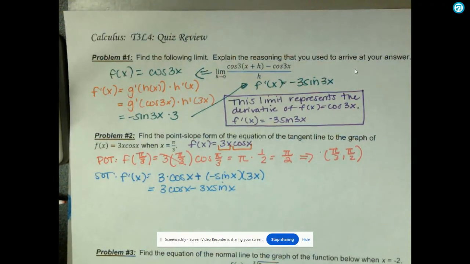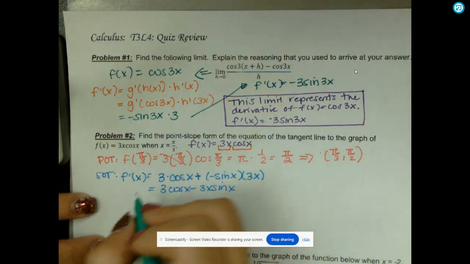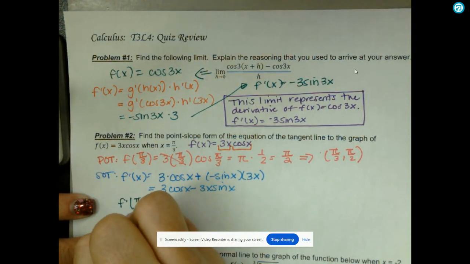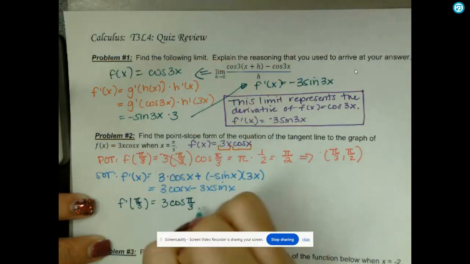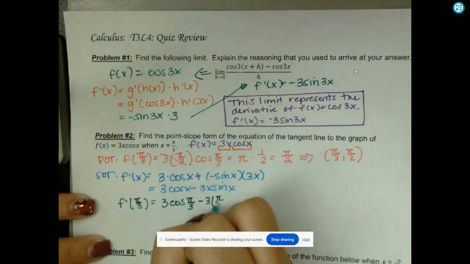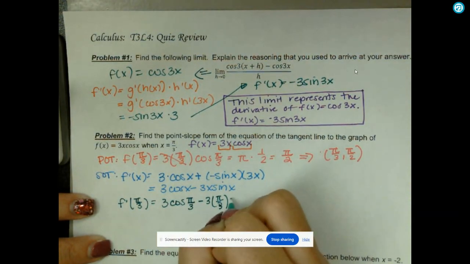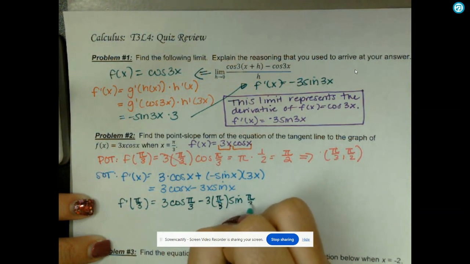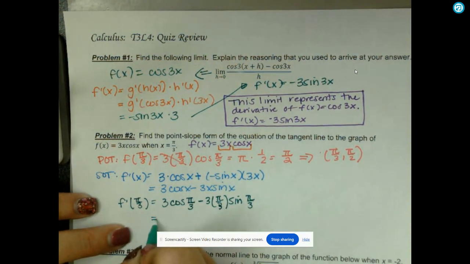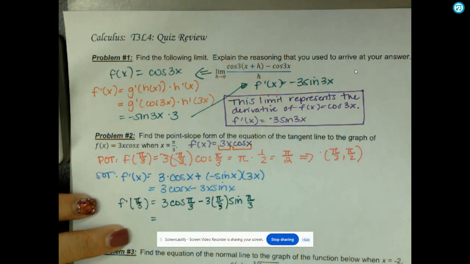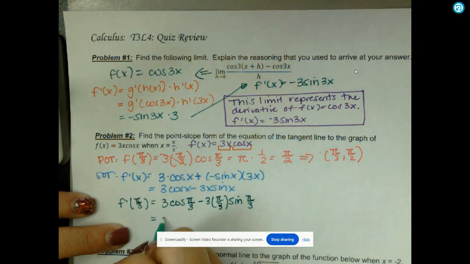All right, and then if we're doing that for f of pi on 3, so we're going to do f prime of pi on 3. So it's going to be 3 times the cosine of pi on 3 minus 3 times pi on 3 times the sine of pi on 3. And let's work our math magic. The cosine of pi on 3 we know is going to be 1/2.